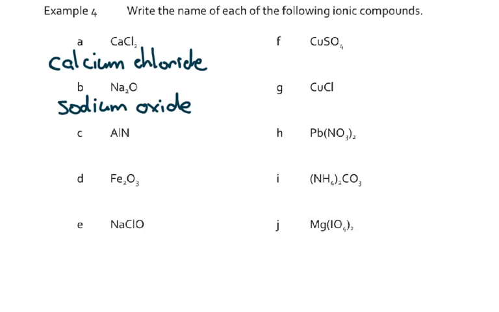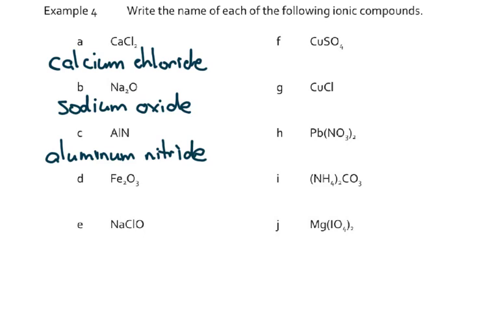AlN, aluminum and nitrogen, one possible charge on each, aluminum nitride. Fe2O3, the complication here is that iron does have multiple possible charges. We can look that up in the periodic chart of ions.